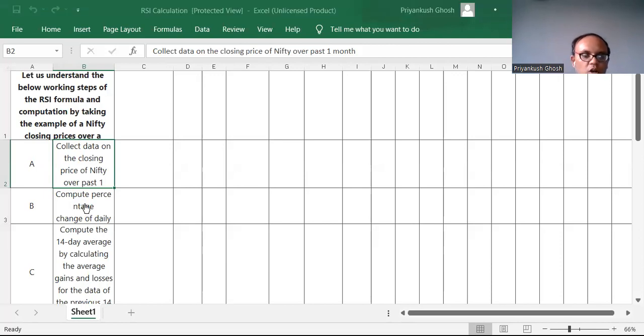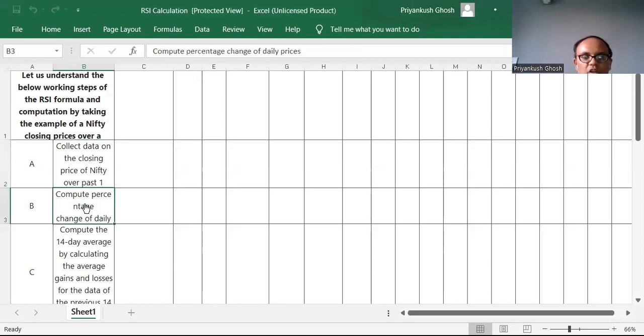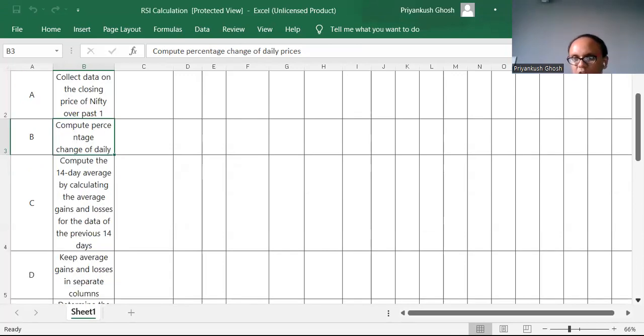Step two, compute the percentage change of the daily closing price of Nifty with respect to the previous price. Say, for example, yesterday the closing was 100, today it is 102. So what is the percentage change? 102 minus 100 is 2, divided by 100, into 100, so 2%.